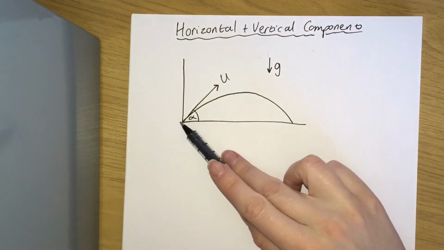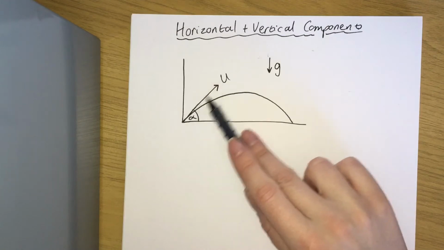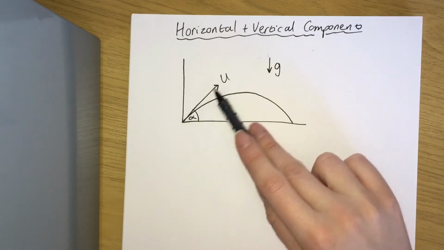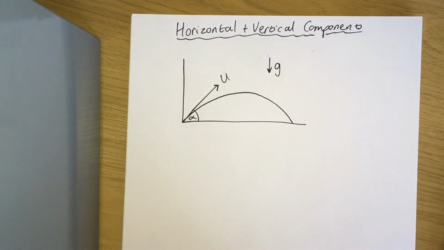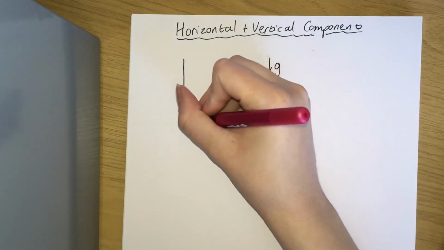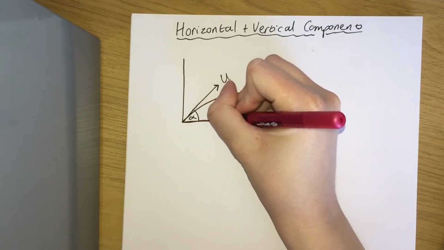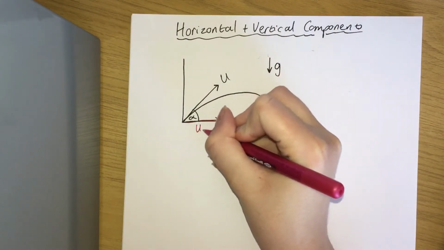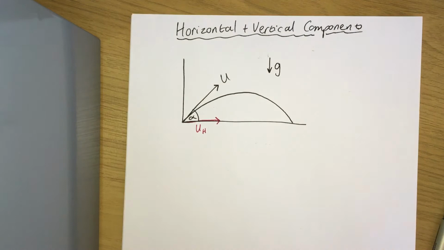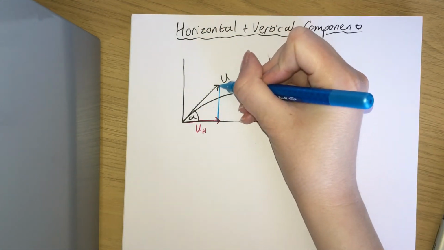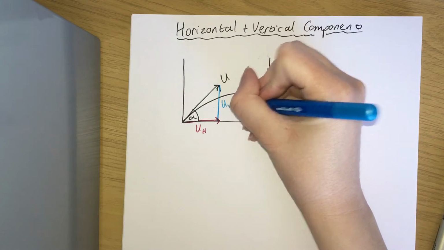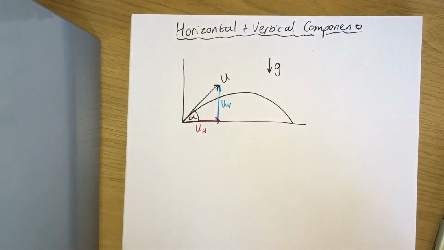Because it's being released at an angle, we can resolve this velocity horizontally and vertically. So we can create ourselves a right angle triangle of the initial velocity. So we've got our horizontal velocity and our vertical velocity.